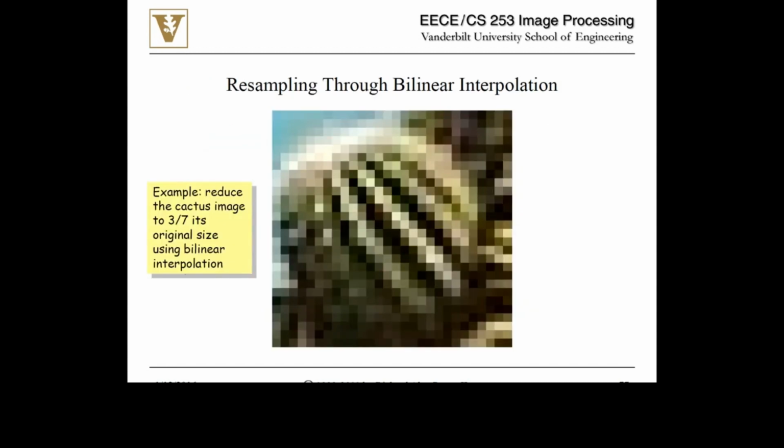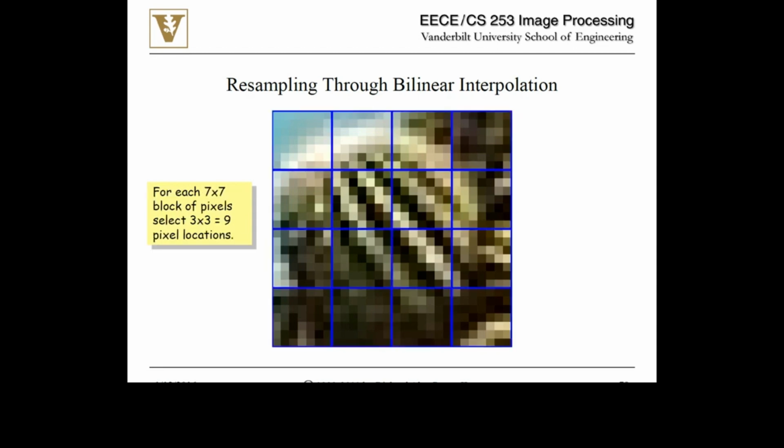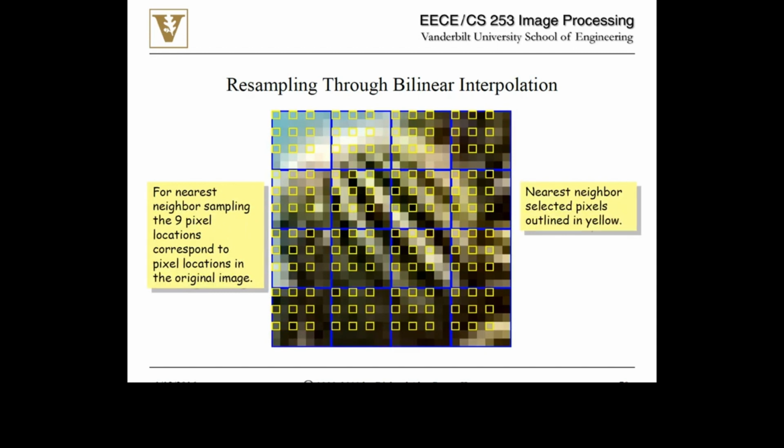But we are not restricted to integer factors. Again, we can use non-integer factors. So I want to reduce the image by a factor of 3/7. Okay, so we know the solution of nearest neighbor interpolation.